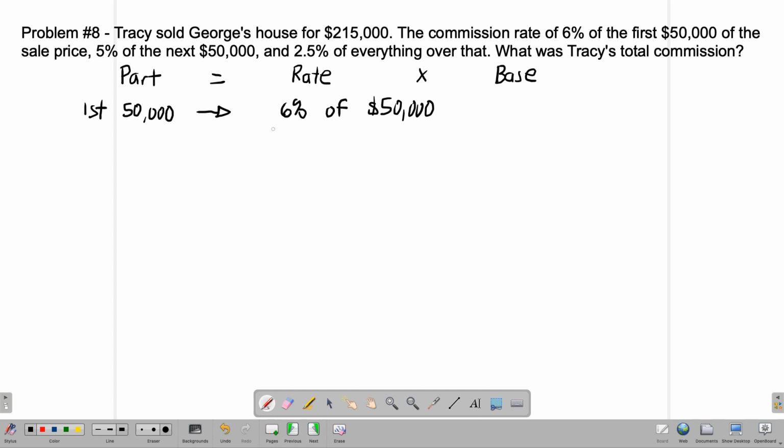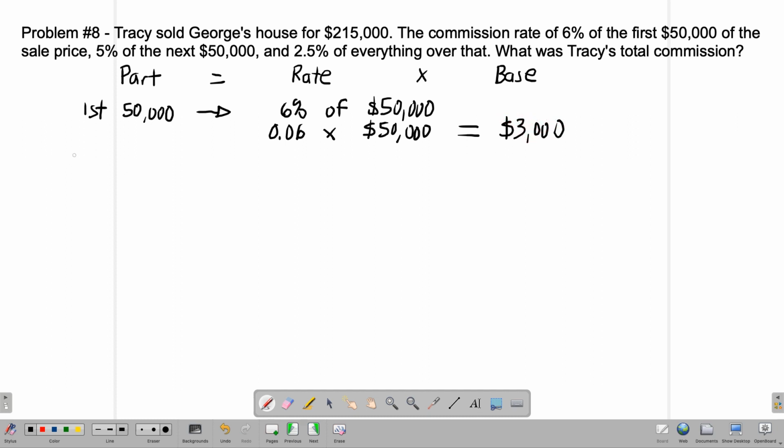And so we convert this, we said 6% is really 0.06, and the of represents multiplication. And then, of course, we're just rewriting it. And so what this shows is that 50,000 times 0.06 equals a value of 3,000. So 3,000 will go here.